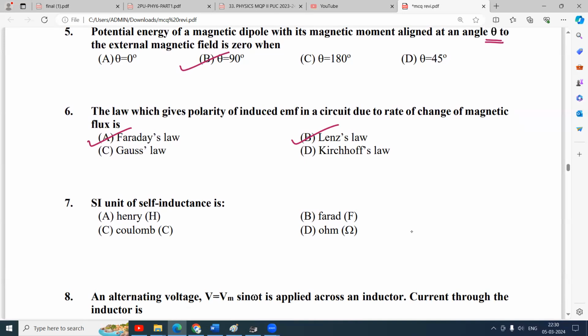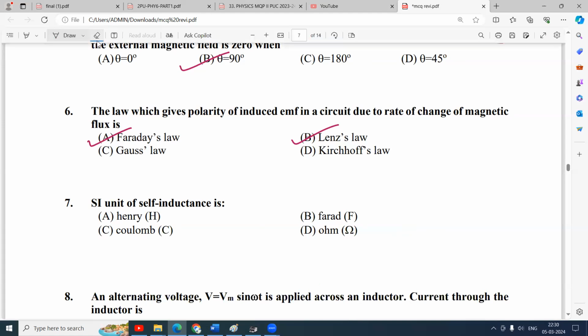Of course, Gauss law you have in magnetism as well as electricity, and Gauss law gives the total flux through any closed surface. Kirchhoff's law is the law of conservation of energy. Here the answer is Lenz's law, not Faraday's law.